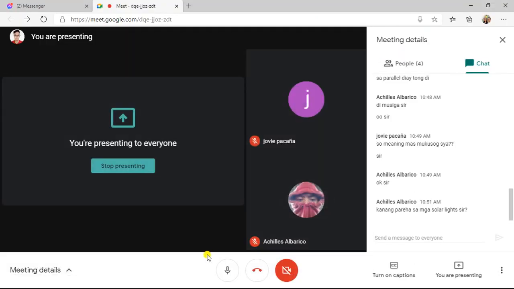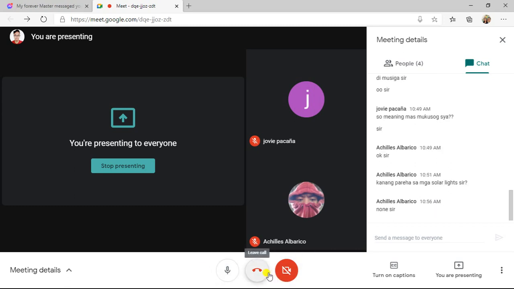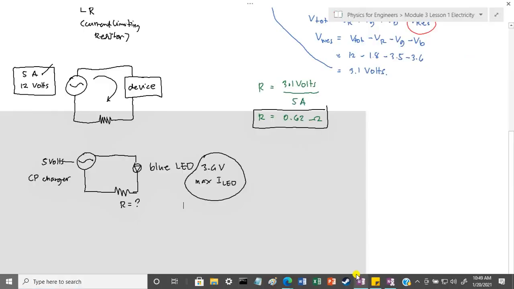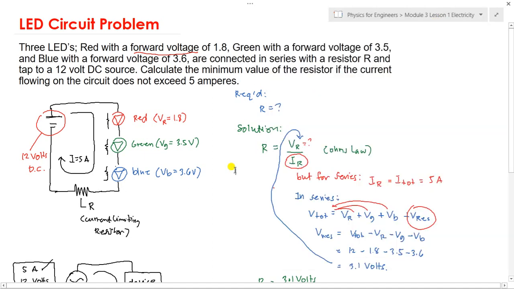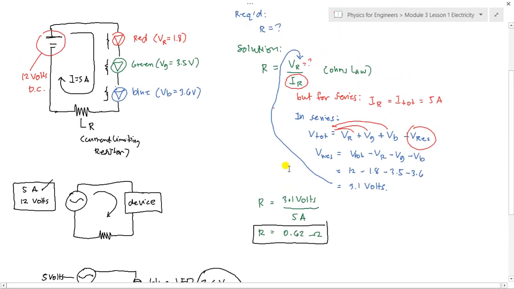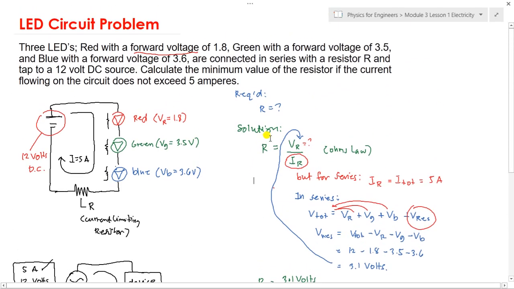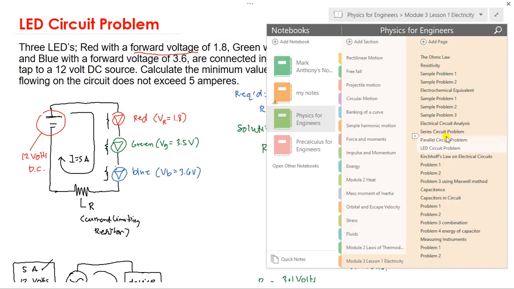Okay, so walay pangutana? Do you have any question so far? Okay. Watch na lang sa continuation kay i-cover nako ang Kirchhoff's law, then Maxwell.